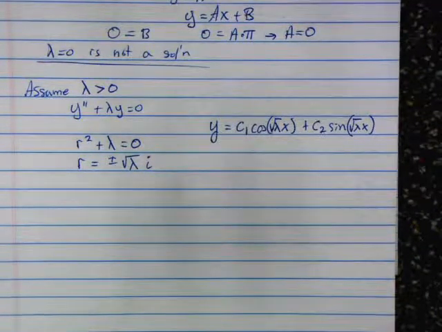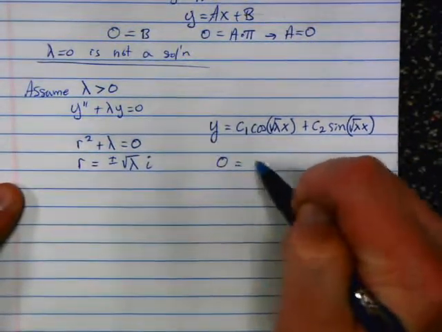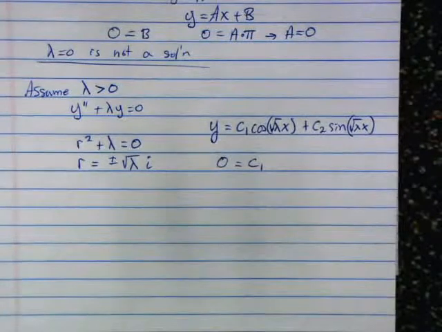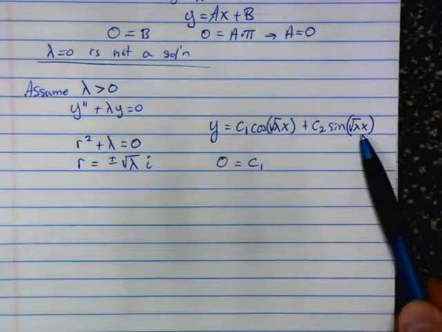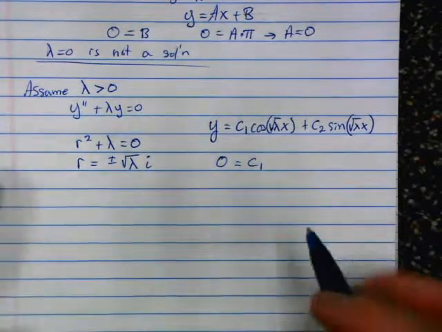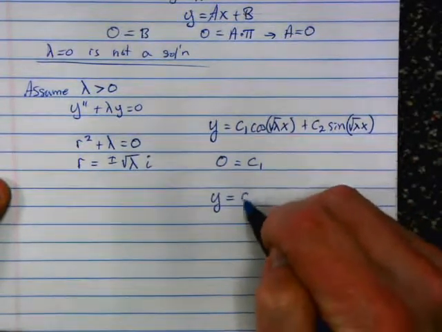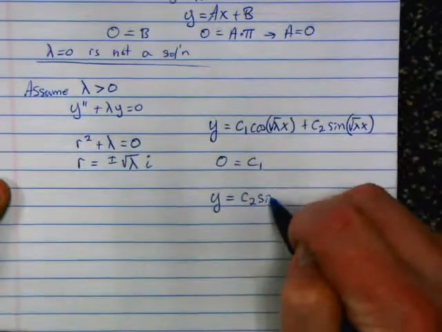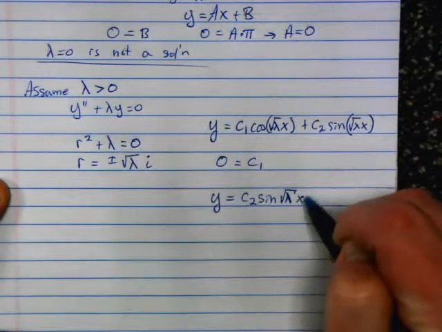We plug in our first initial condition. When I plug in y at 0 equals 0, I get 0 equals c1 still, because cosine of 0 is still 1, sine of 0 is still 0. Which means my equation has to have the form y equals c2 sine square root of lambda x.